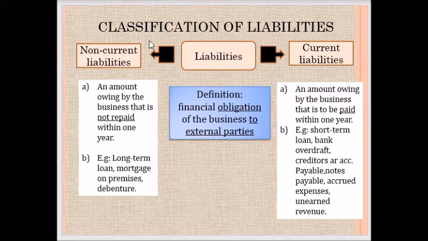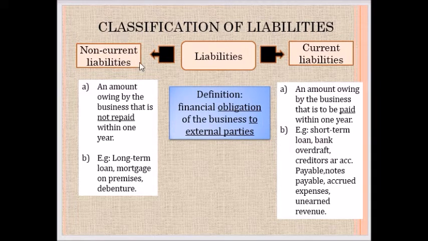Current liability is an amount owing by the business that is to be paid within 1 year. So it's a debt that the business has to pay within 1 year. For example, short-term loan, bank overdraft, payable, notes payable, and everything else here.